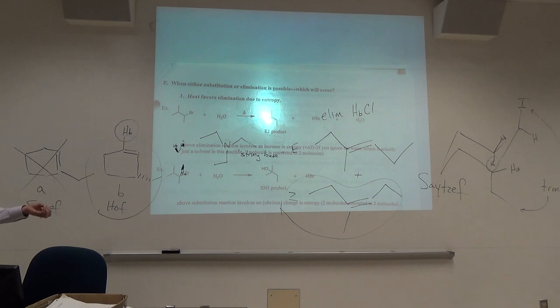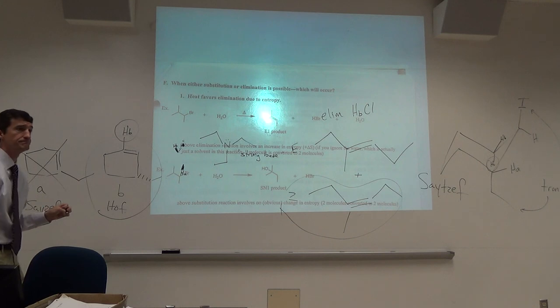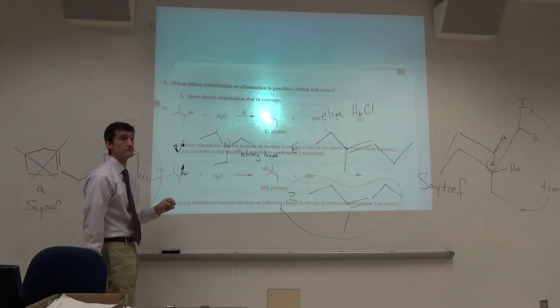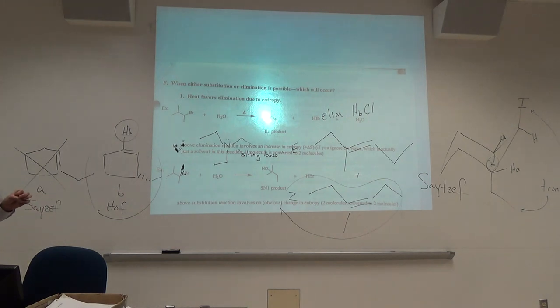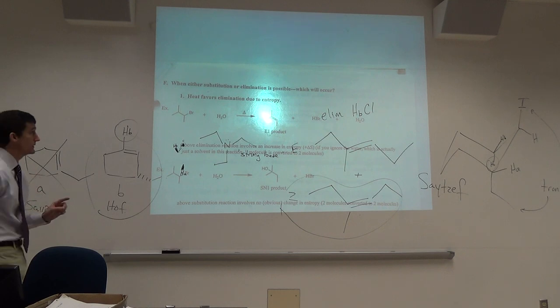And if you look at your Gibbs free energy equation, which term does heat amplify? We've said this before. Delta G equals what? Delta H minus T delta S. Temperature magnifies entropy.